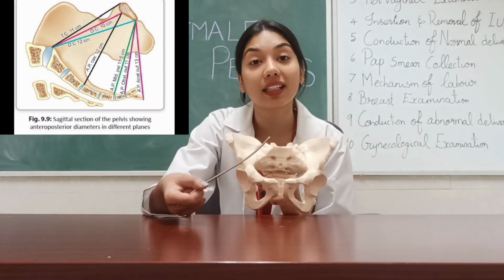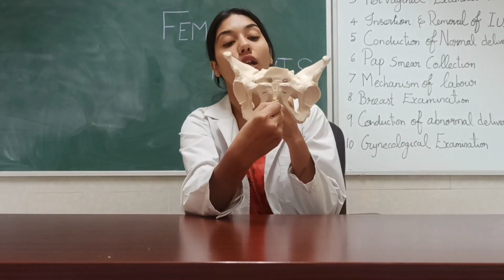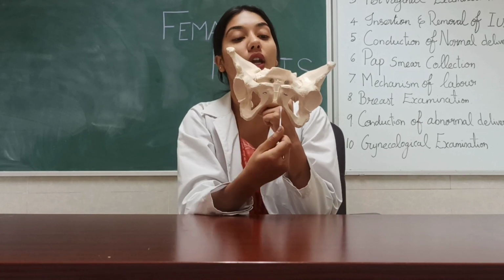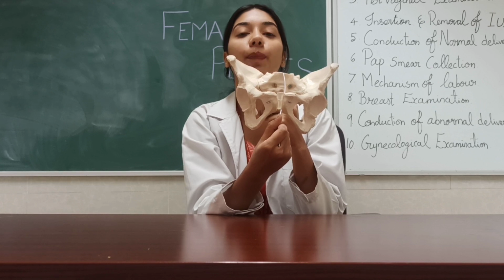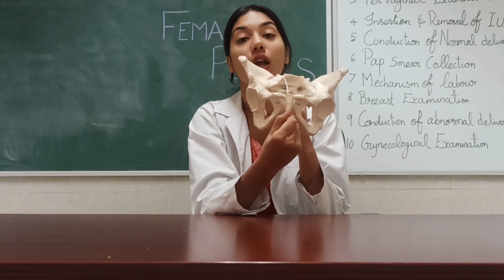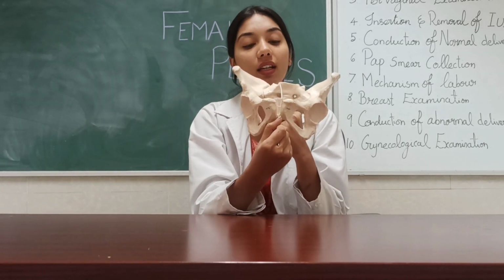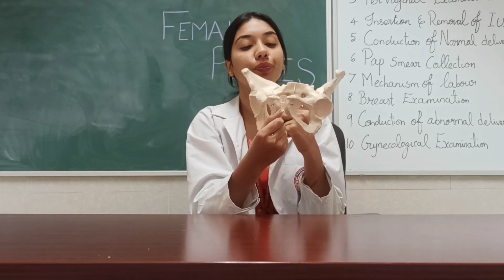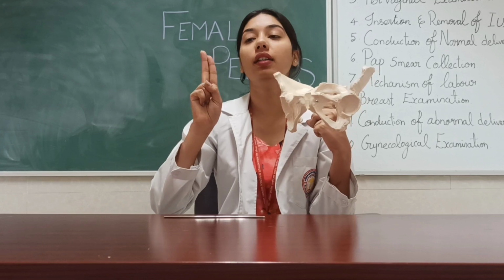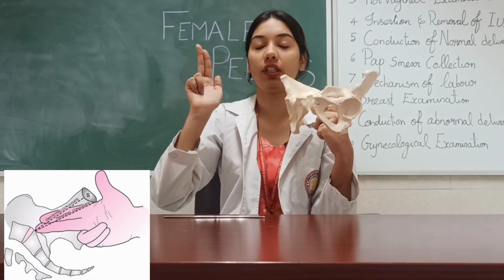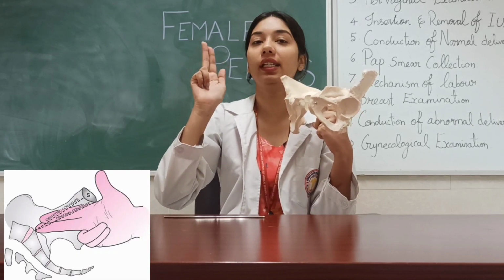Third is the diagonal conjugate, which extends from the lower border of the symphysis pubis to the midpoint of the sacral promontory. This is the only conjugate which we calculate, and it is 13 centimeters. How? We should know the length of our fingers in centimeters.